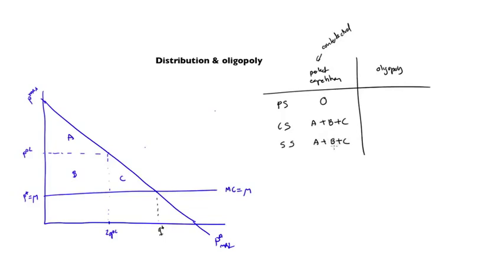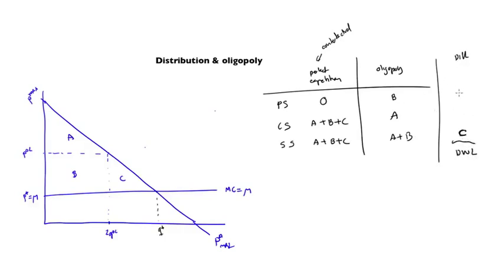With oligopoly, the consumer surplus, because they have to buy at this price and only buy this quantity, is going to be A. The producer surplus is going to be B. Social surplus is going to be A plus B, and there is going to be, let's do the difference here, a C, which is the deadweight loss.